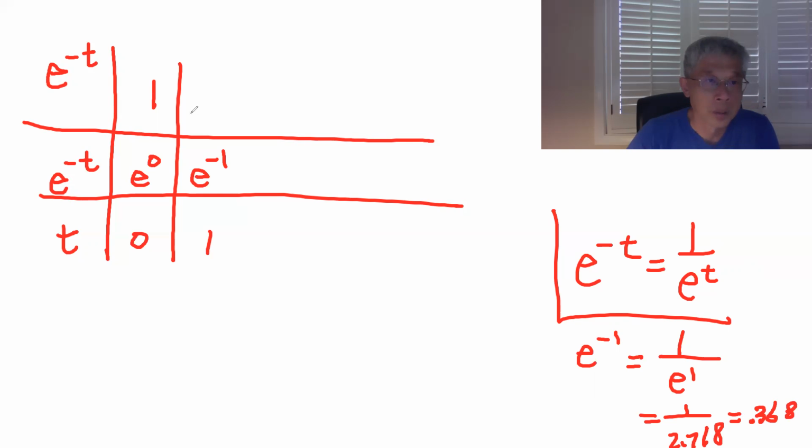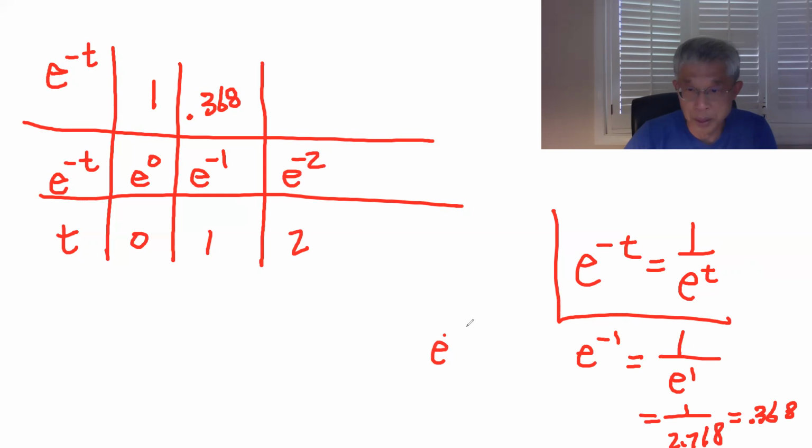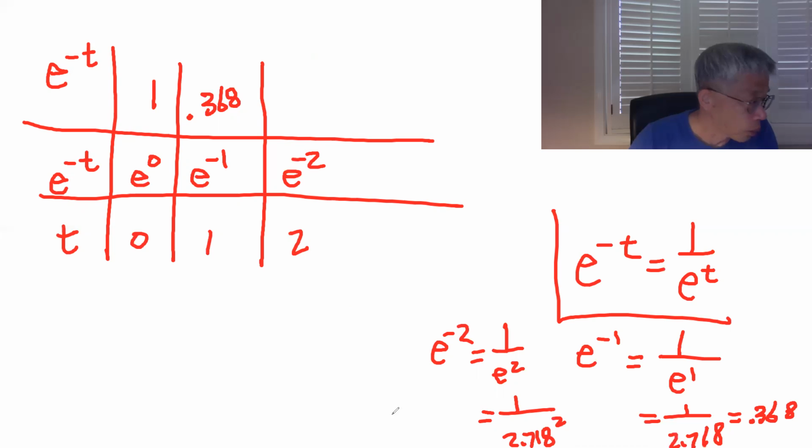So this is 0.368, all right? So then 2 is E minus 2, so E minus 2 is equal to 1 over E2, which is 1 over 2.718 squared, and that's going to be equal to 0.135, okay?